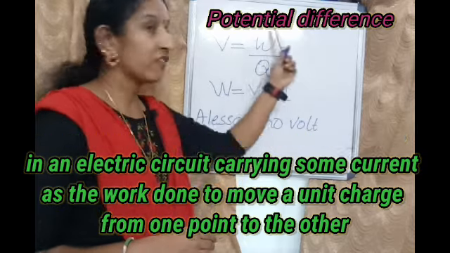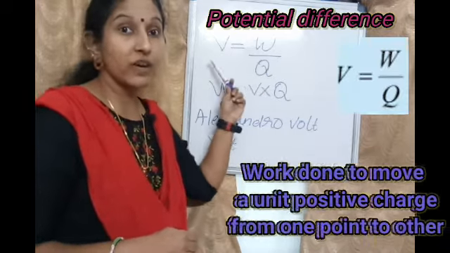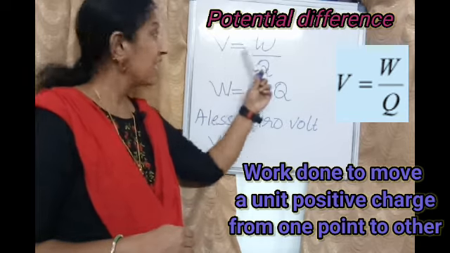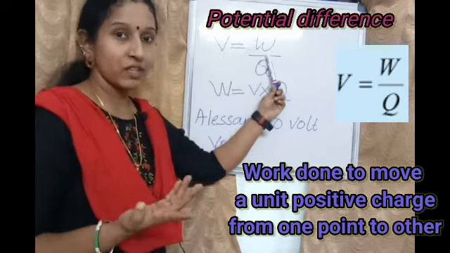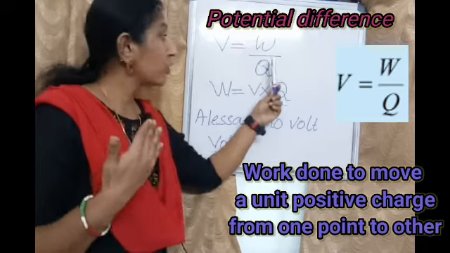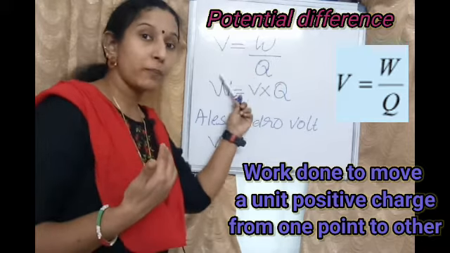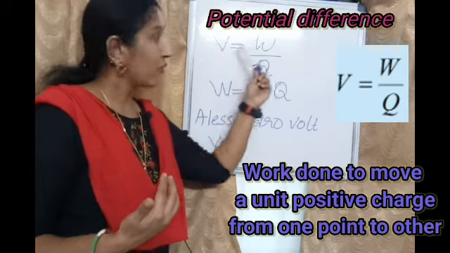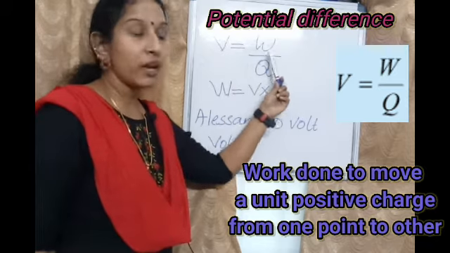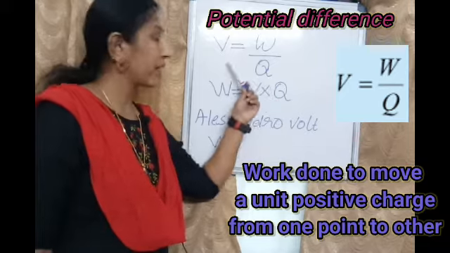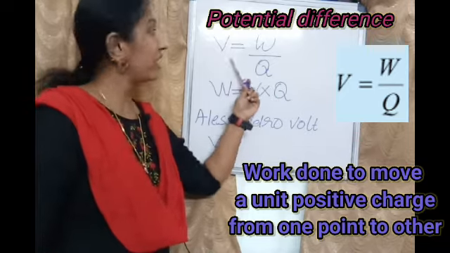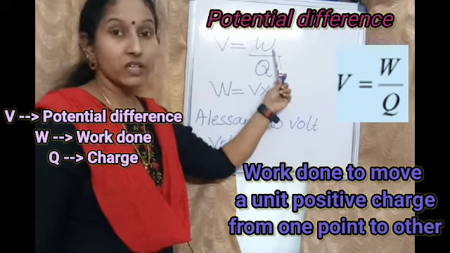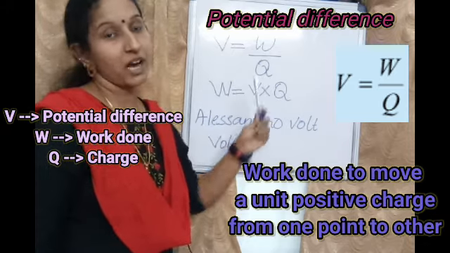This equation gives you the idea that potential difference is the work done to move a unit positive charge from one point to another. V equals W by Q. V stands for potential difference, W stands for work done and Q stands for charge.